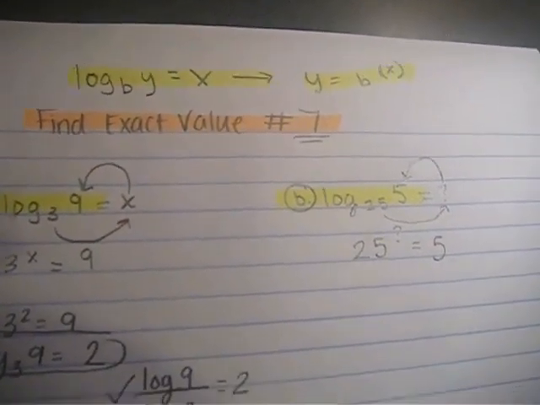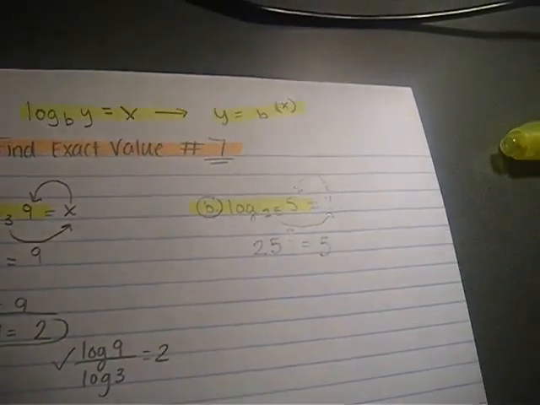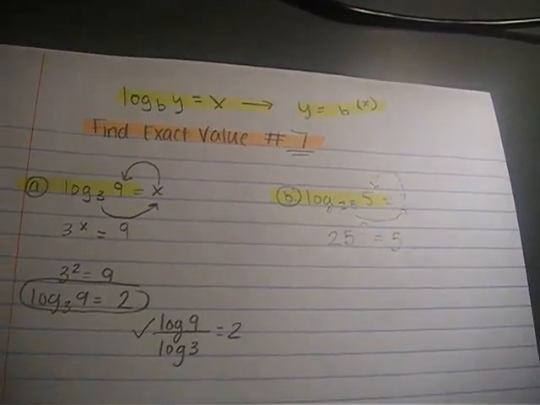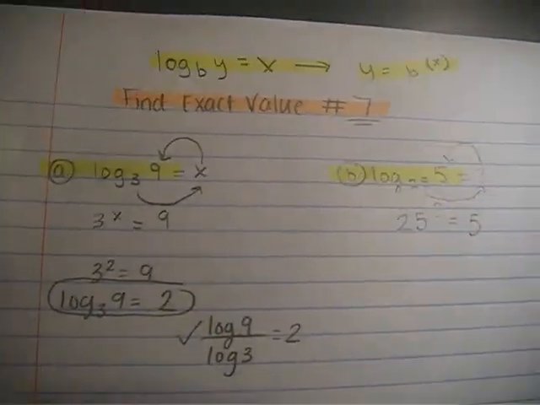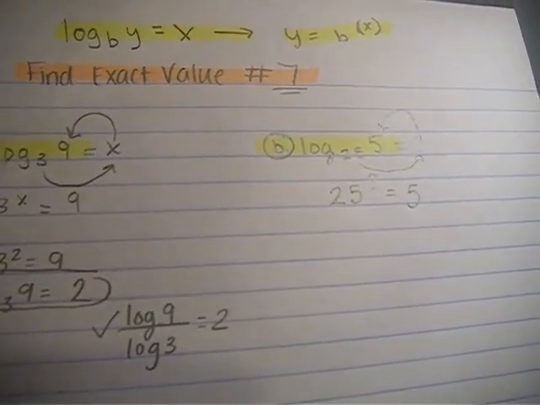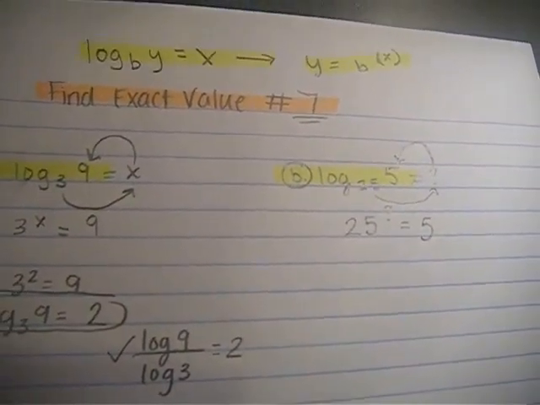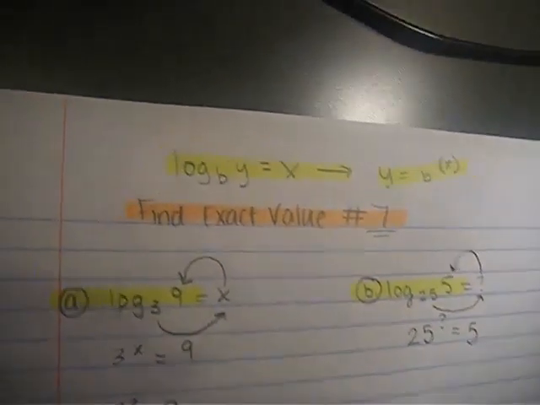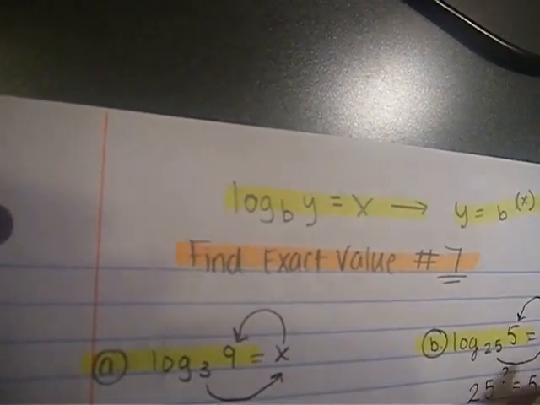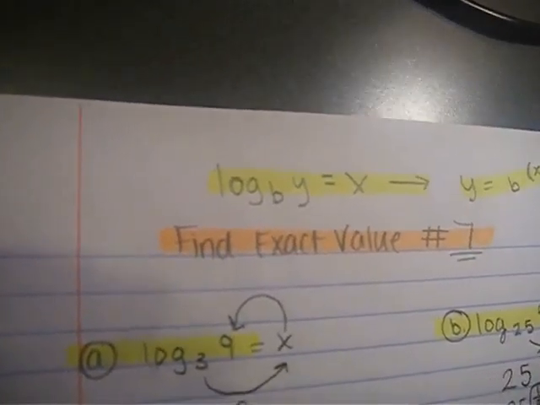So obviously we're going from a bigger number to a smaller, so that's your first indicator that it's going to be a fraction. Now we know it's not a negative because negatives actually give you fractions. So what raised to 25 equals 5? The answer for this is 1/2.